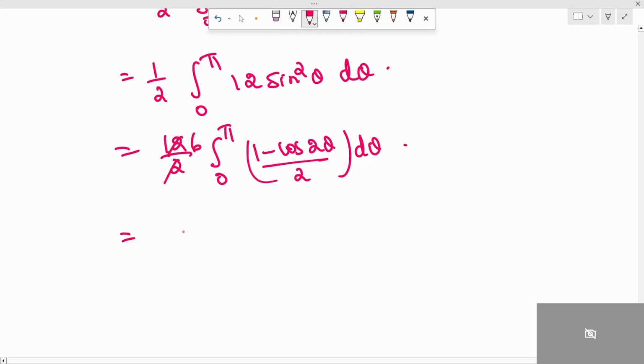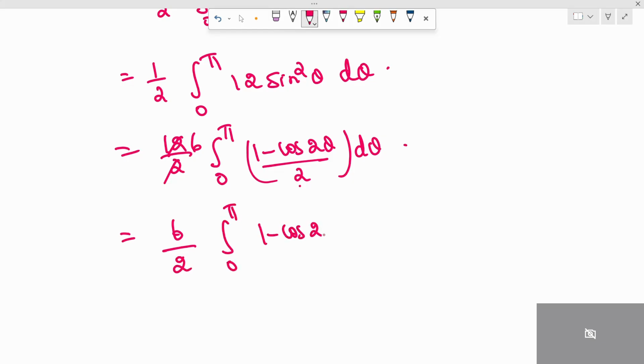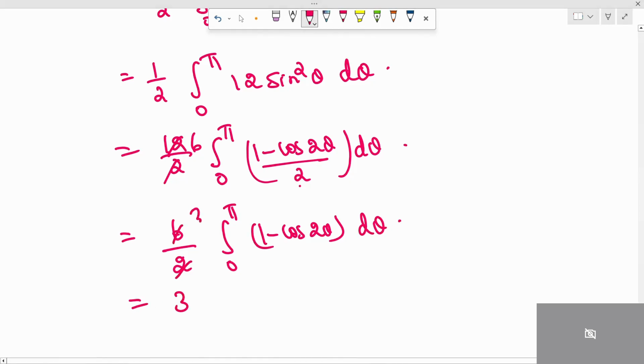This will be 6 by 2, the 1 by 2 is there, take it outside, integral 0 to pi of 1 minus cos 2 theta d theta. 6 by 2 is 3. Integrate with respect to theta, which is theta minus the integral of cos; it is sin, but here cos 2 theta is there, which is sin 2 theta divided by 2, with the limit 0 to pi.